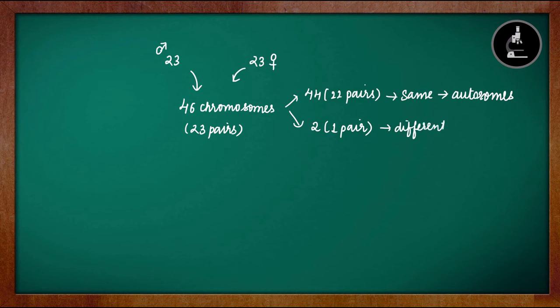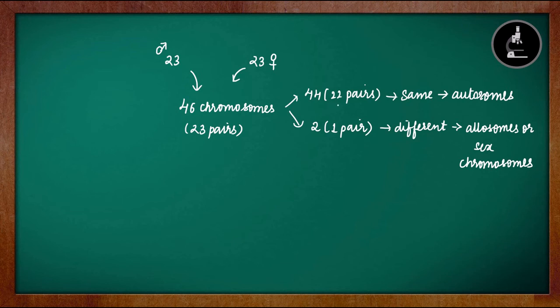And this one pair of chromosomes which is different in males and females is called allosomes, also called sex chromosomes. So allosomes are the chromosomes in males and females which are different, whereas autosomes are the chromosomes which are the same in males and females. So autosomes are same chromosomes whereas allosomes are different chromosomes.